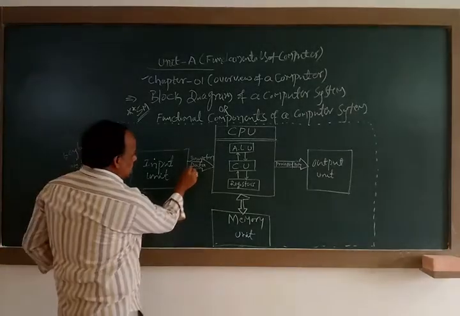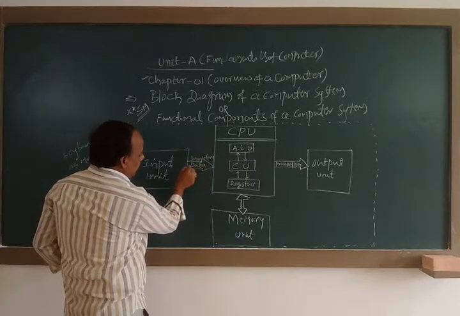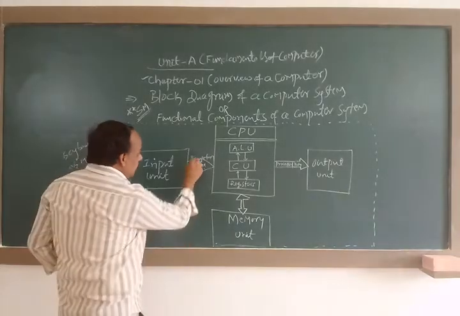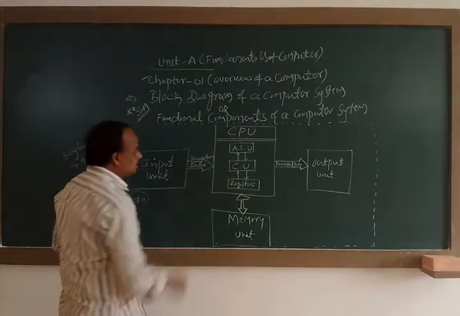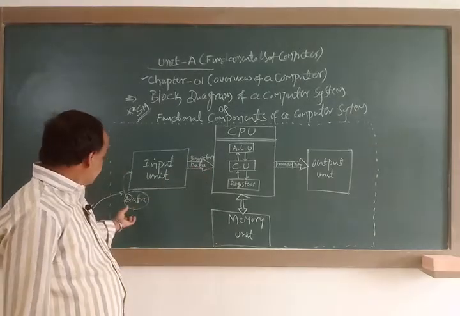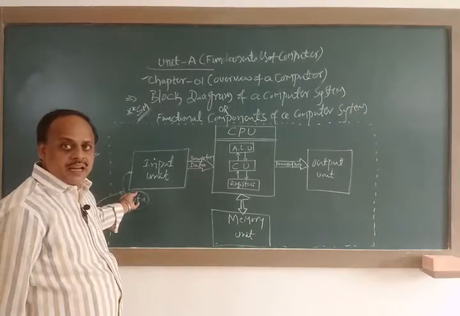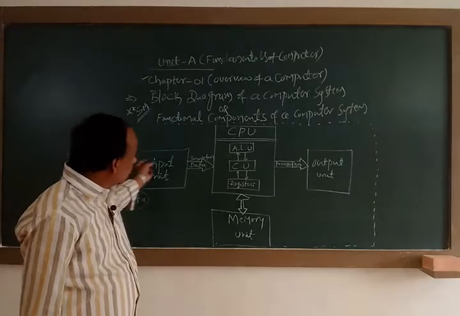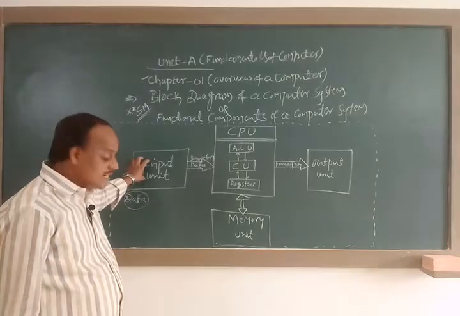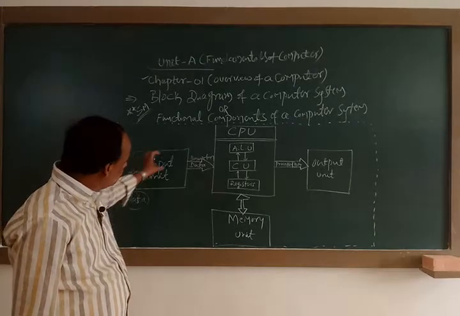So here data is moving, right? I have written some arrow mark and I have written data here. This is a binary form data. Means whenever the user enters some data, that does not go directly to the CPU. It is accepted by the input unit, and it converts that user entered data to binary form.